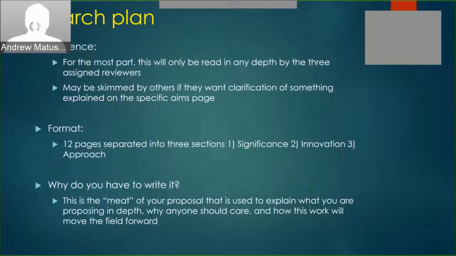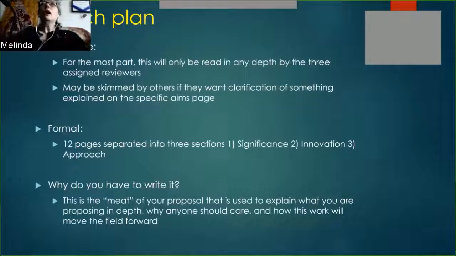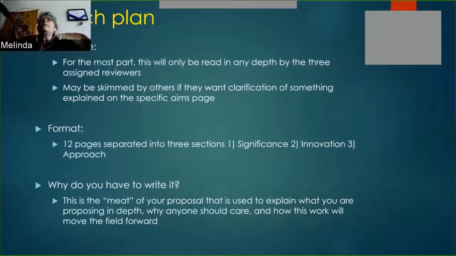So that's definitely a risk of your hypothesis being too specific.